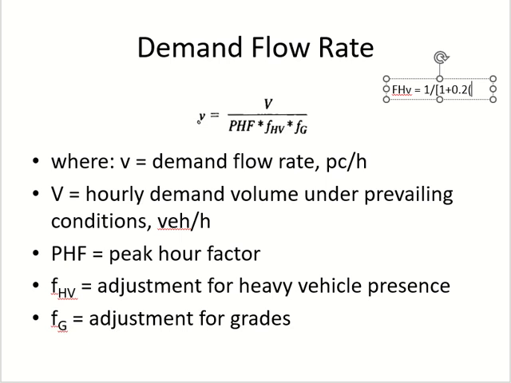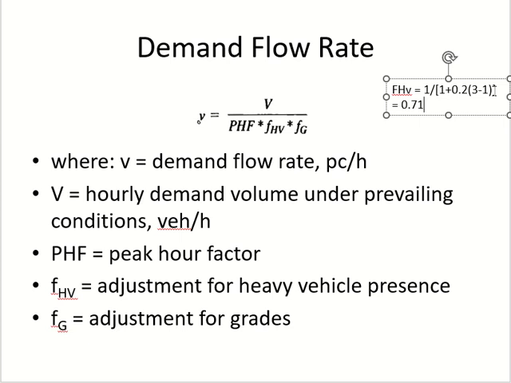The EHV factor. The terrain is rolling, so the EHV for rolling terrain is 3. There was a table in the previous chapter. The table and equations are there. We have already used it a number of times. How much is FHV? 0.731.